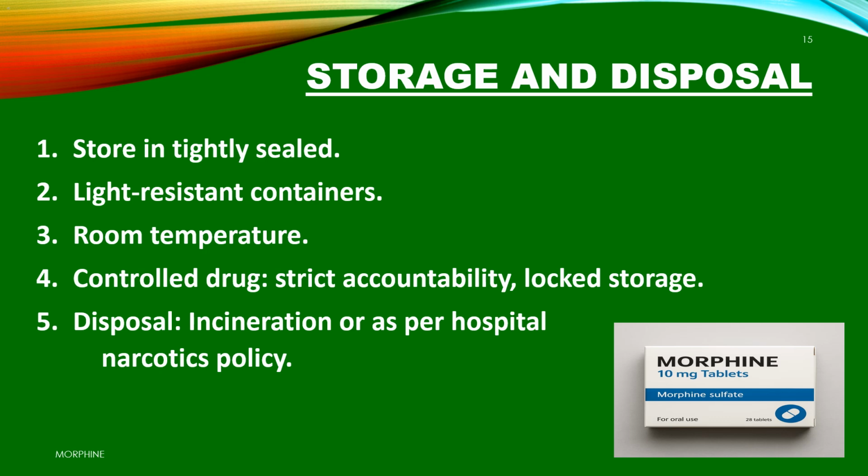Controlled drug storage. As a controlled substance, morphine requires strict accountability and storage in locked containers to prevent diversion or misuse. 5. Disposal. Morphine should be disposed of through incineration or according to hospital narcotics policy, ensuring safe and secure destruction of the medication.